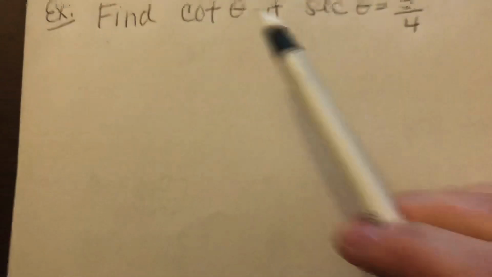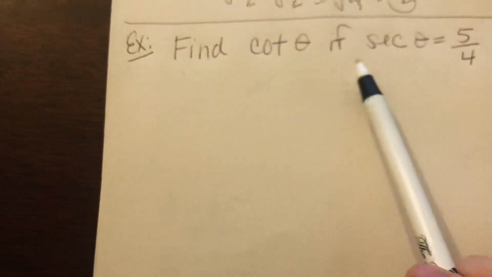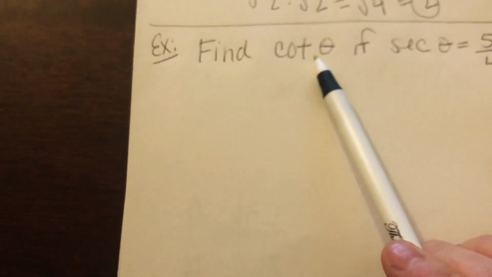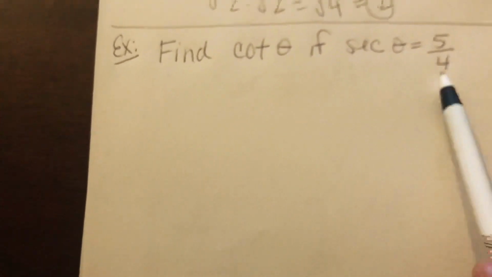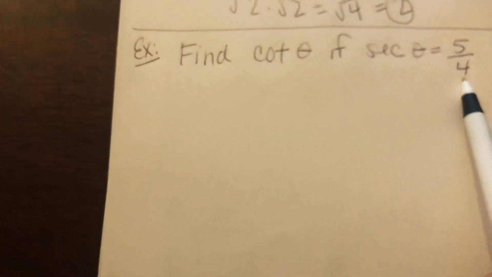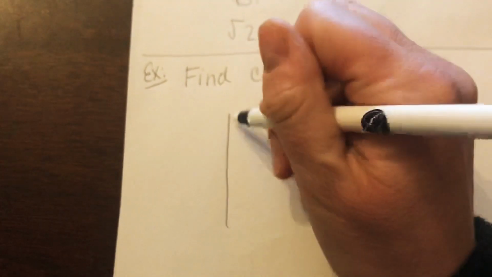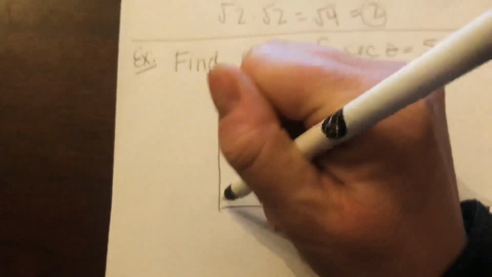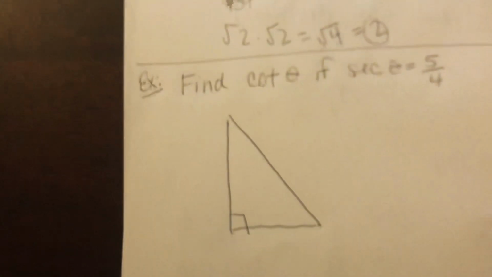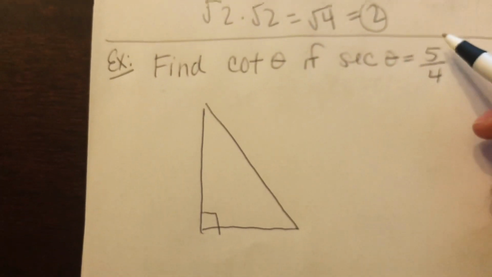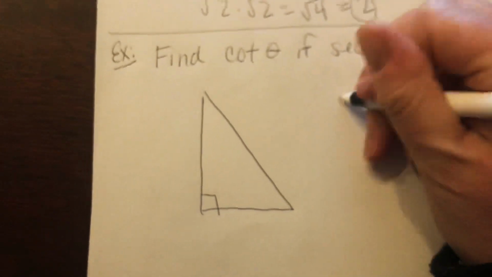This says, find the cotangent of theta if the secant of theta is 5/4. So what you're going to need to do, I suggest you draw yourself a little right triangle. Now secant is the reciprocal of cosine, right?